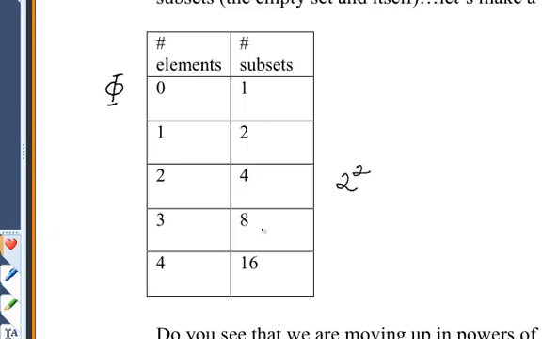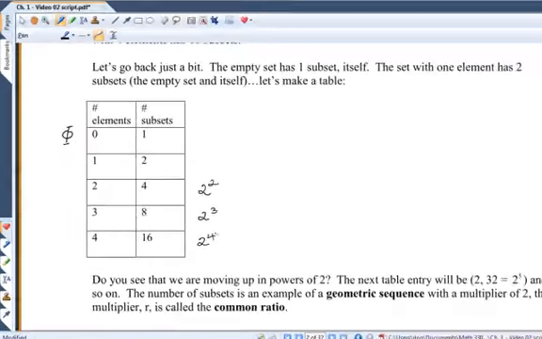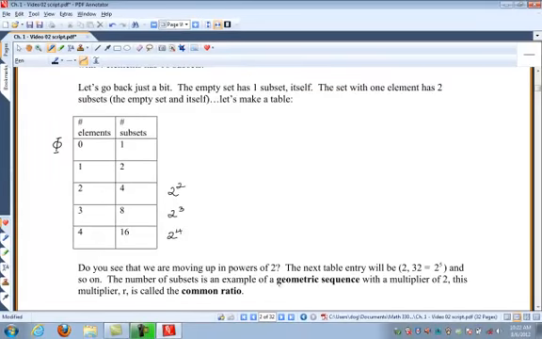And a set with 3 elements has 8 subsets, 2 cubed. And a set with 4 has 16 subsets, 2 to the 4. You see that we are moving up in powers of 2. The next table entry would be 32, 2 to the 5th, and so on.